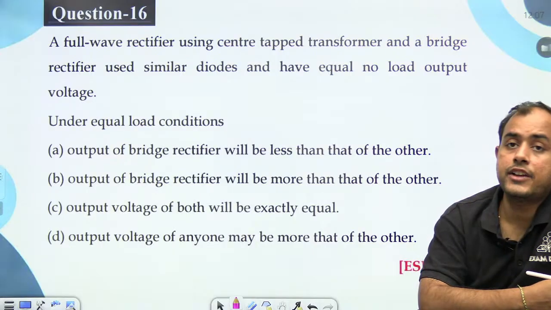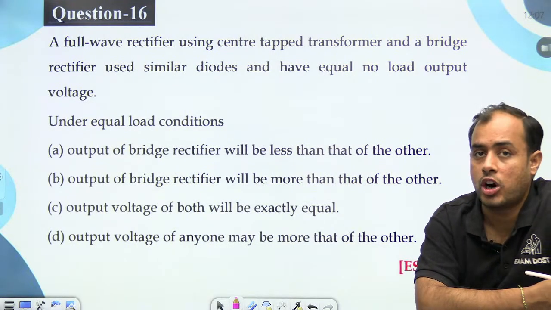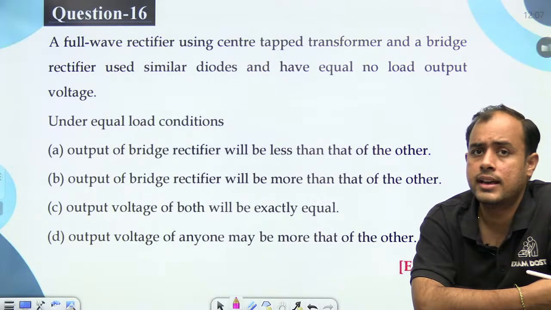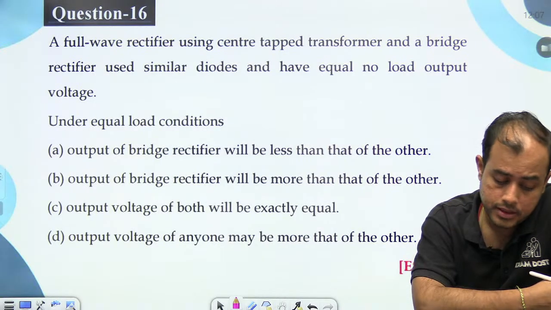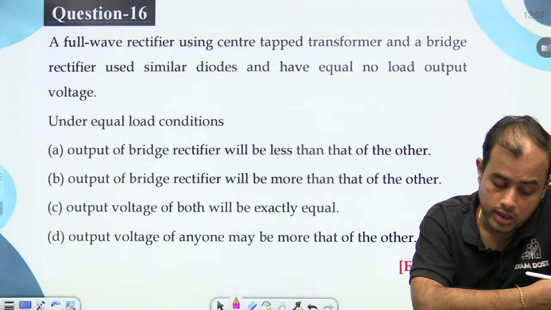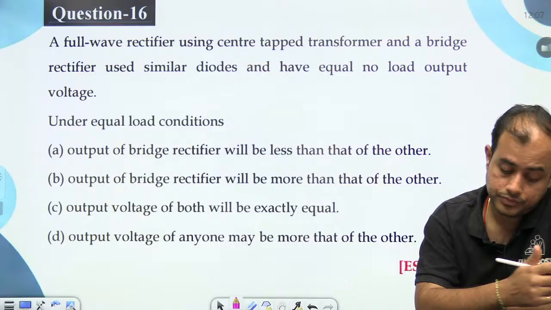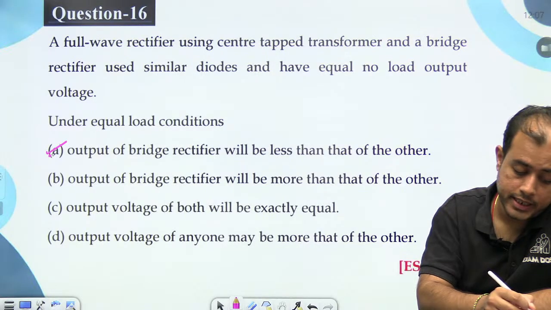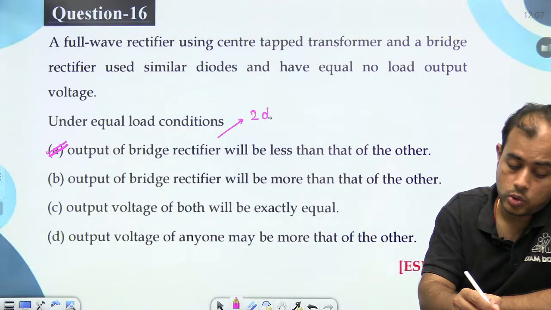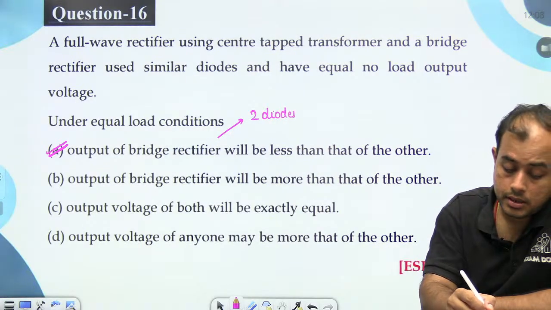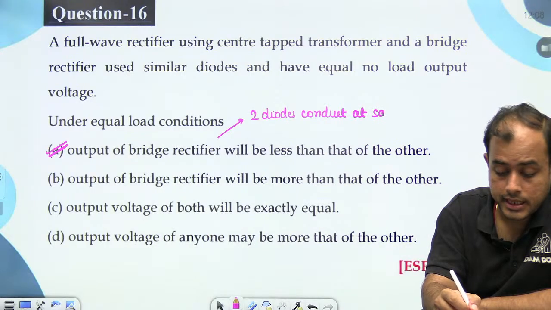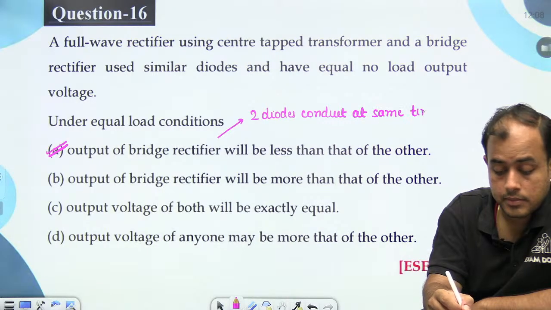A full wave rectifier using a center tap transformer and a bridge rectifier using similar diodes have equal voltage under equal load condition. If the load condition is equal, the output of the bridge will be less than the other because two diodes conduct at the same time.